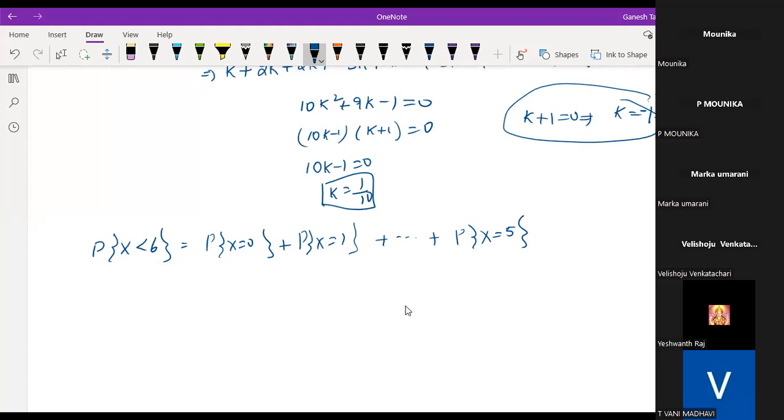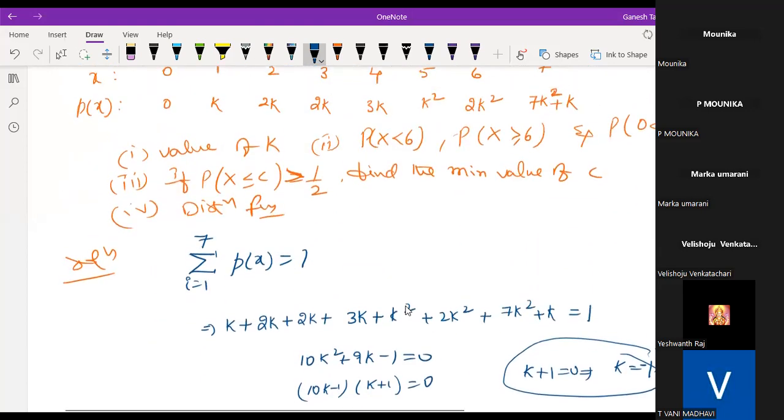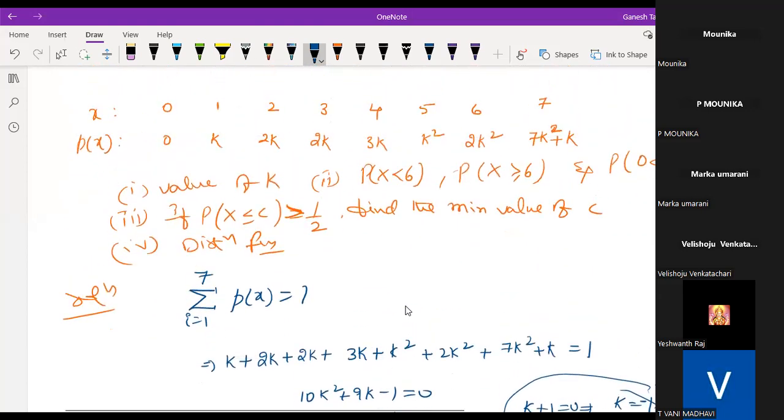Based on this you can find out here: 0, 1 by 10, 2 by 10, 2 by 10, 3 by 10, 1 by 100, 2 by 100, and 7 by 100 plus 1 by 10, which you can write as 17 by 100.